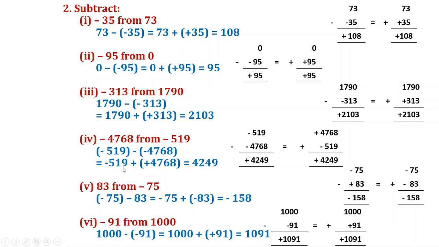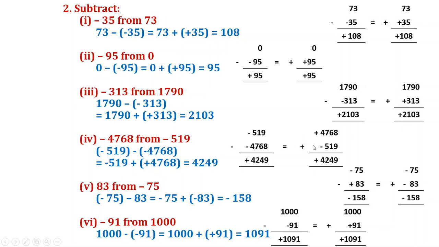So write minus 519 and change the minus sign as plus here, and change the second number as its additive inverse. What is the additive inverse of minus 4768? Plus 4768. So now you are adding two integers which are having different signs. If you want to add two integers having different signs, first you have to subtract the smaller number from the bigger number.